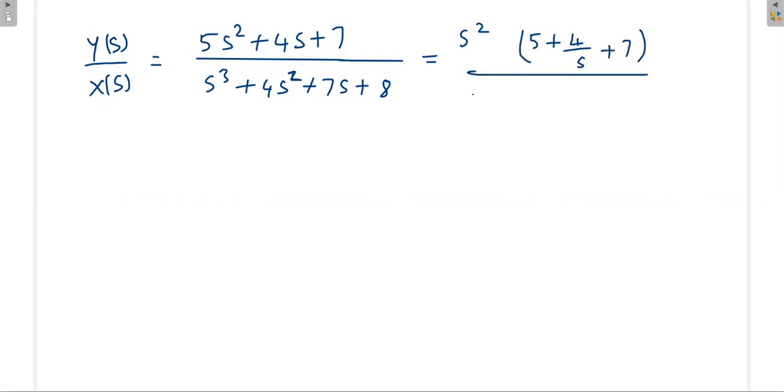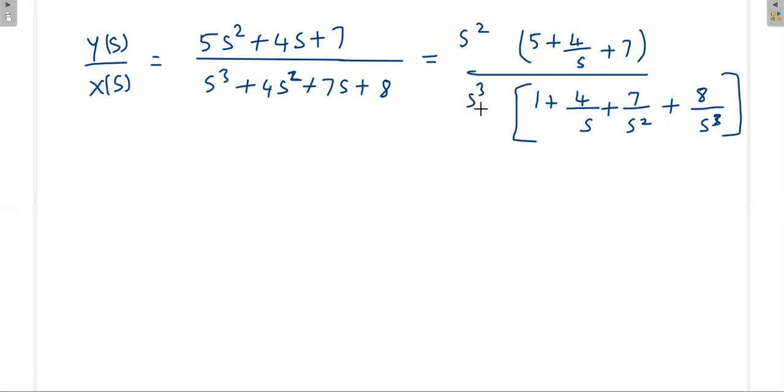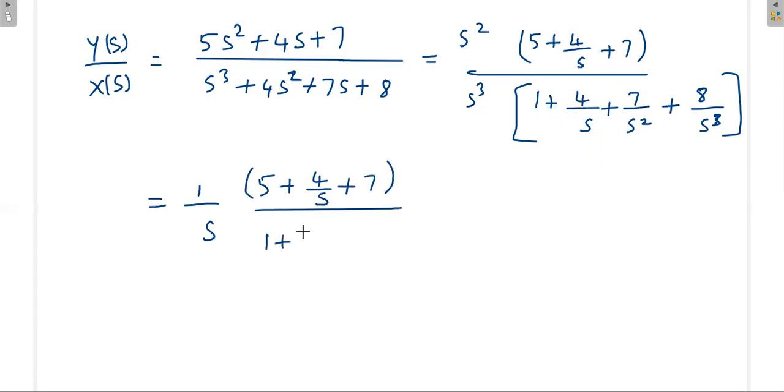Here, if we take s cube outside, we'll be getting 1 plus 4 by s, 7 by s square plus 8 by s cube. Okay, so now s square by s cube gives 1 by s. Then 5 plus 4 by s plus 7. Then 4 by s plus 7 by s square plus 8 by s cube.